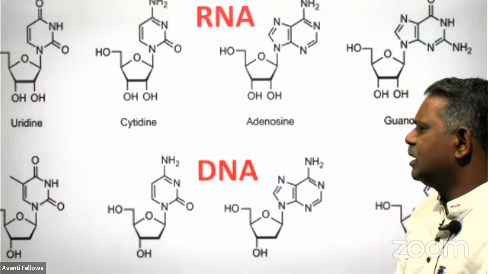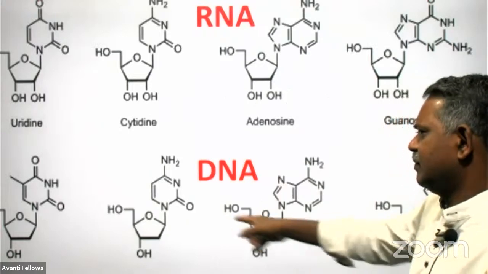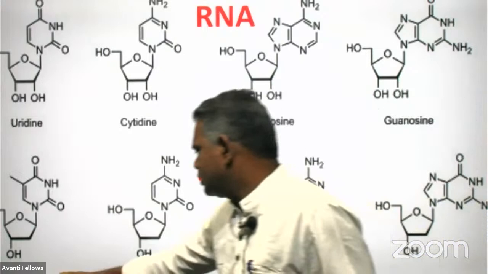And in case of DNA, we can find 4 types of nucleosides. One is deoxythymidine.